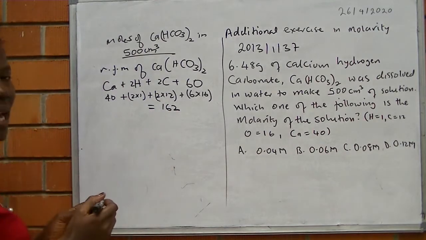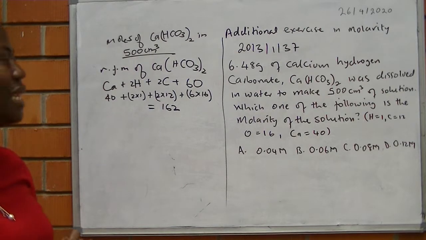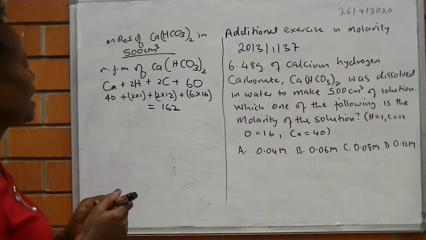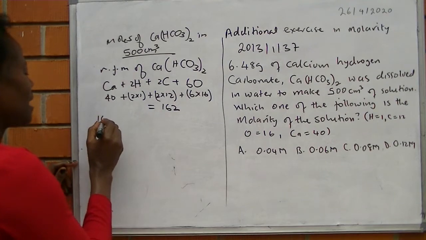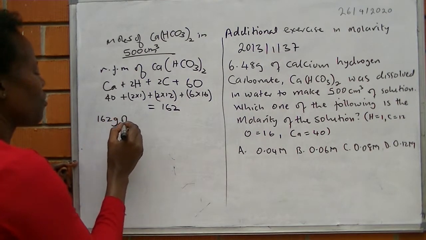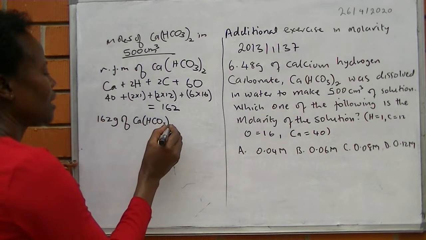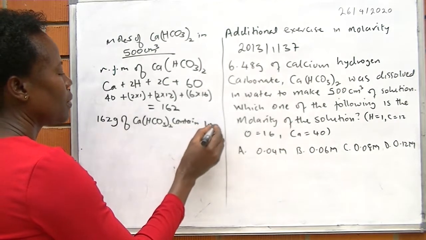So this is the same as 40 plus 2 times 1 plus 2 times 12 plus 6 times 16, which is equal to 162. We said a mole of any substance is numerically equal to the relative formula mass of that substance. Therefore, we can get the moles that are in 6.48 grams. 162 grams of calcium hydrogen carbonate contain 1 mole.